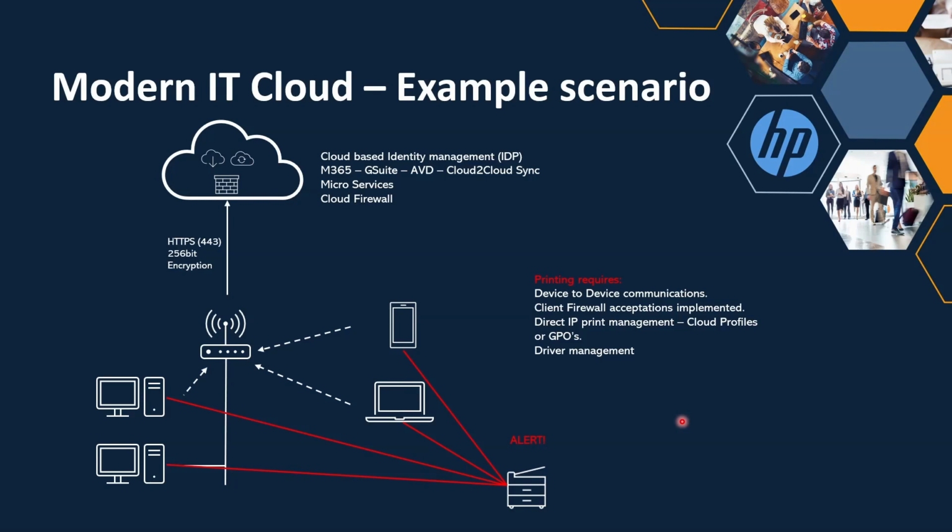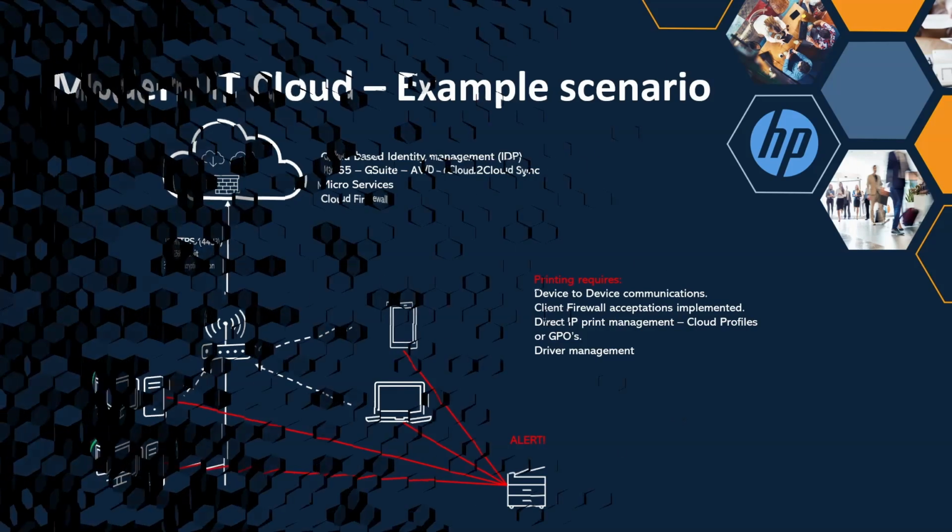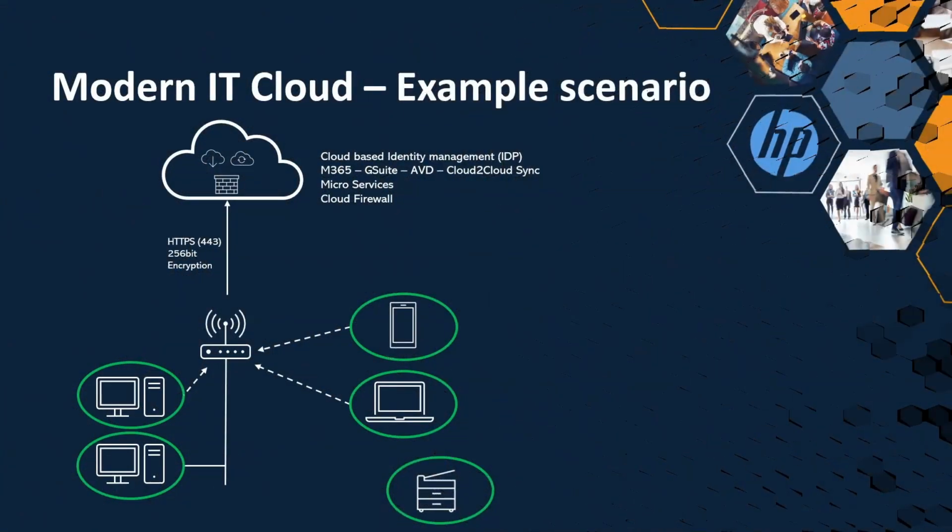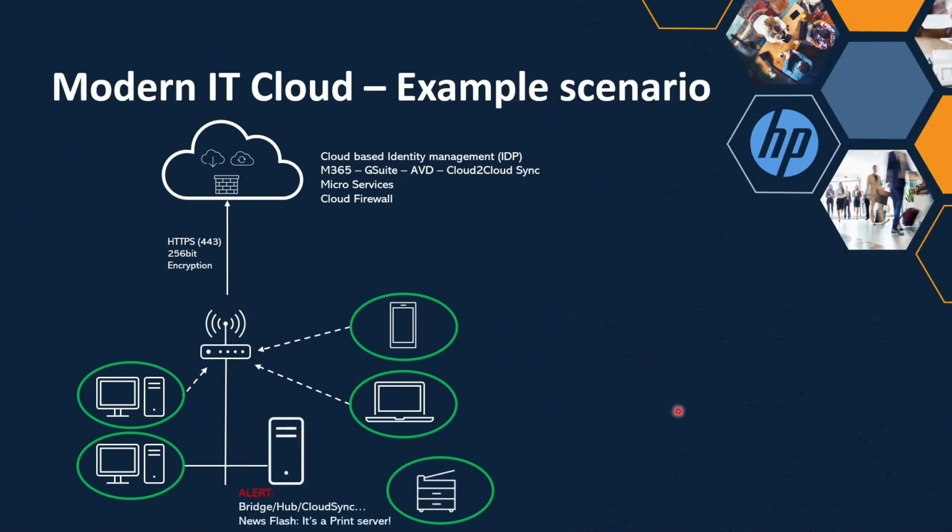The other way that we've seen a lot of solutions manage this challenge is by introducing, we come back to our secured model. Unfortunately, we've now seen this introduced into the infrastructure, whether we call it a bridge, a hub, a cloud sync, or whatever, it is a print server.